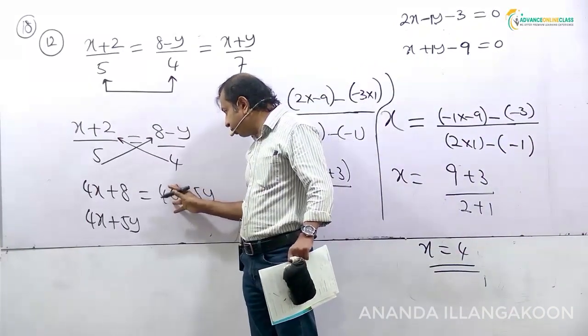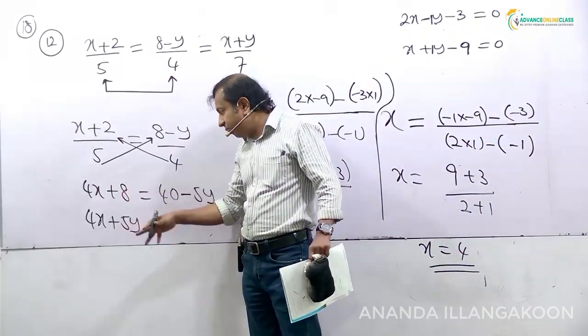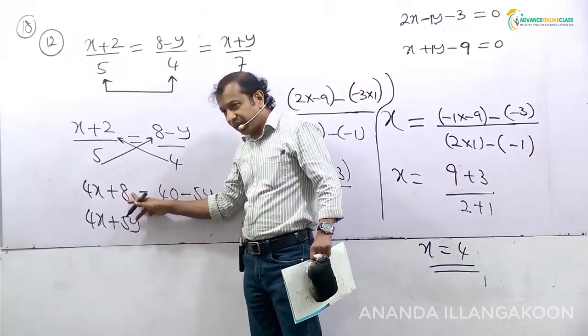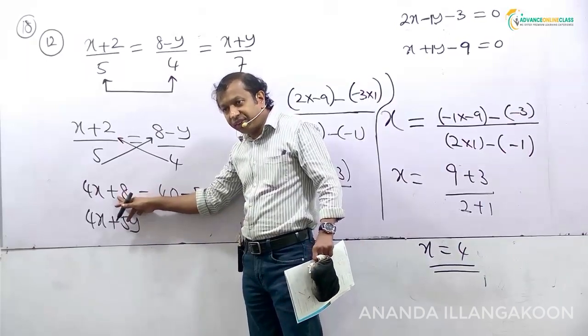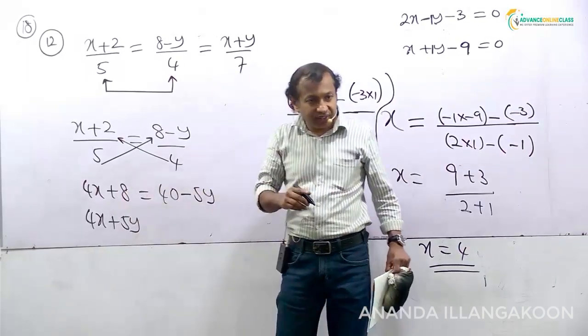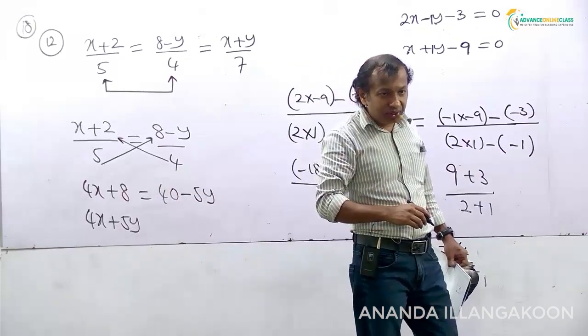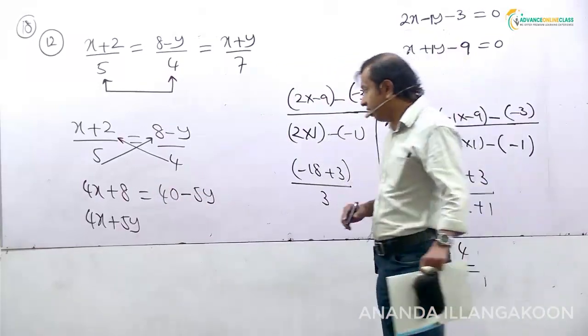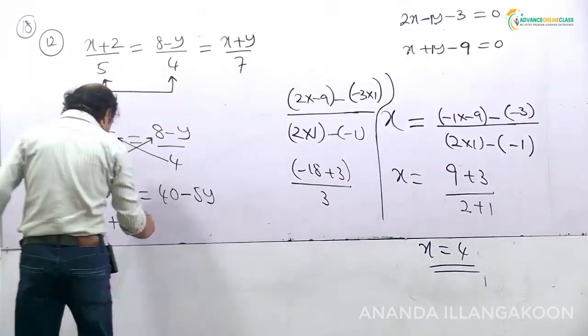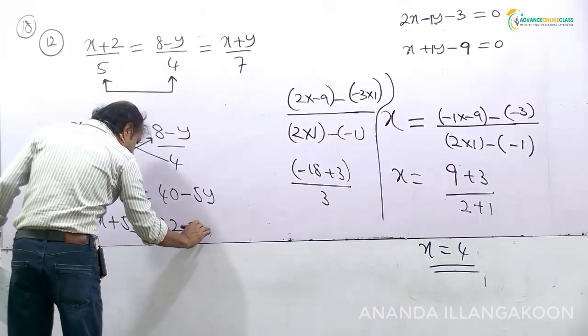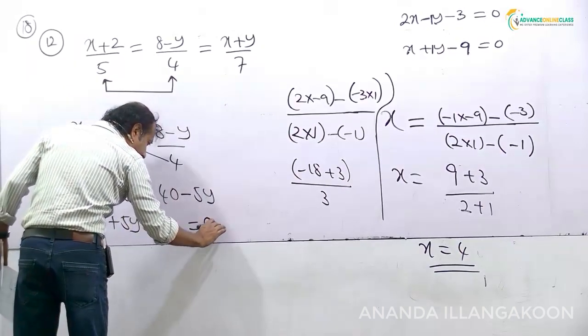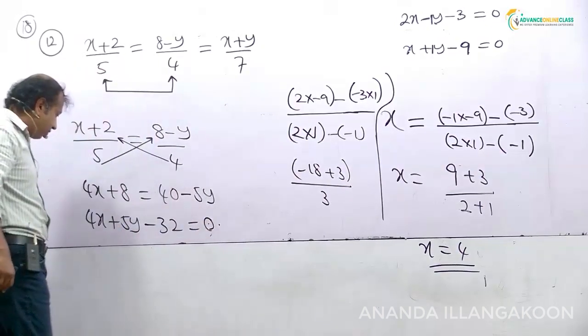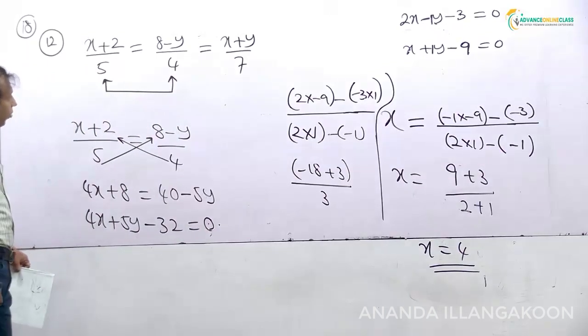Once I bring this 40 to this side, it will be minus 40. And this plus 8, minus 40 plus 8 is minus 32. Yes, I will write that. Without writing more steps, minimum number of steps writing, obtain this. The first one is okay.